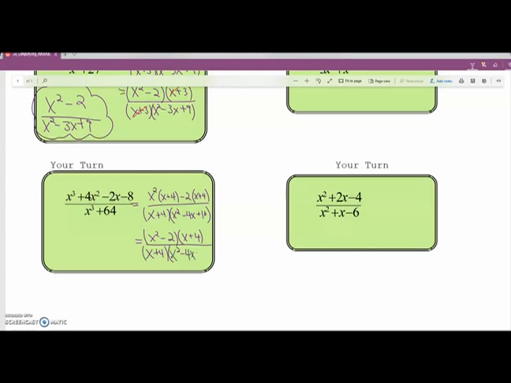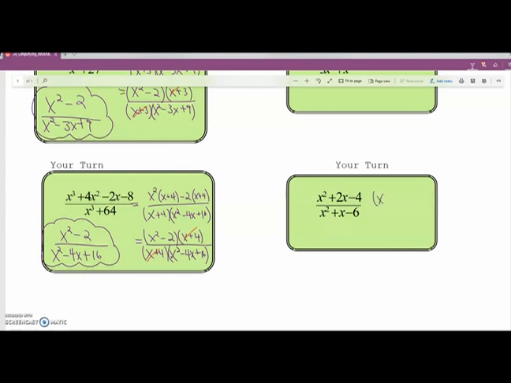And you got a common factor of x plus 4. So we'll take that out. And we get x squared minus 2 over x squared minus 4x plus 16. And no, the x squareds do not cancel out because they're not part of a product.